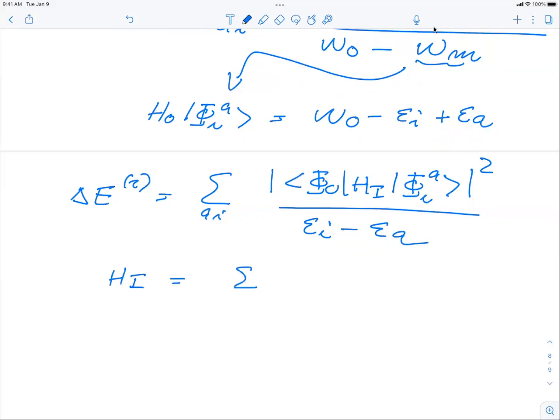This will now contain a sum over J, and then we're going to have an A, and let's now put in the matrix elements here. So it's going to have an operator. Let me just bring it up properly. So there's going to be a sum over P and Q. And then we're going to have an operator, AP, AQ dagger.